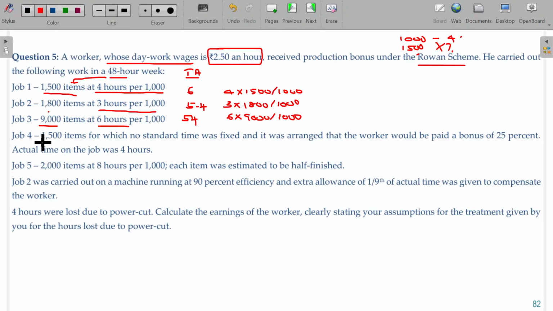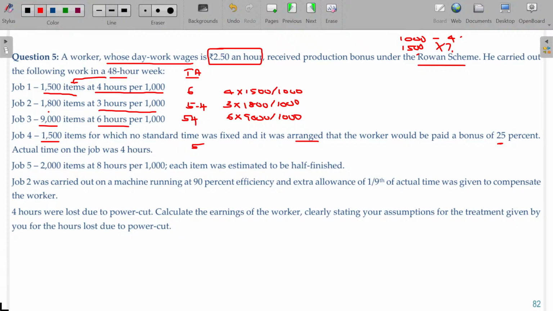Job 4, 1500 items for which no standard time was fixed, and it was arranged that the worker would be paid a bonus of 25% only. Actual time on the job was 4 hours. So then it may be assumed to be 5 hours.